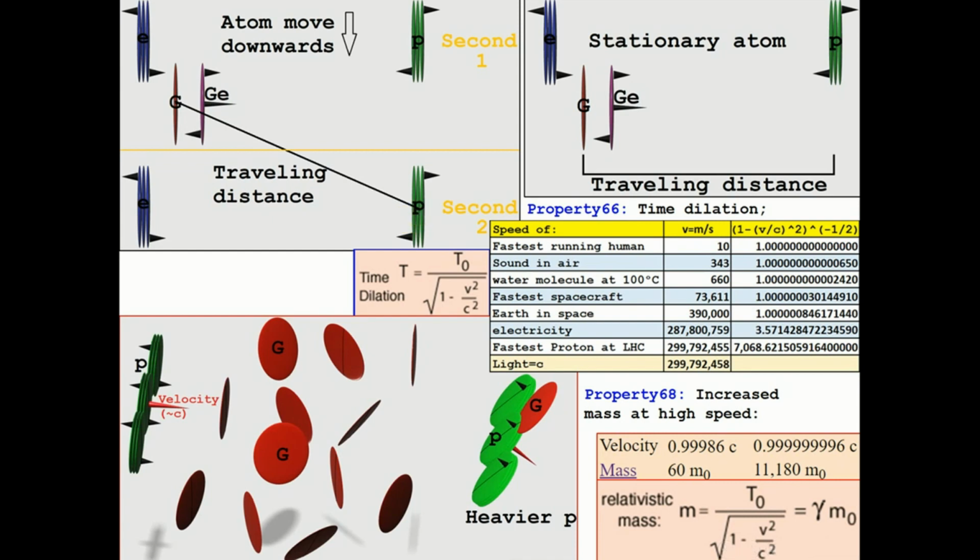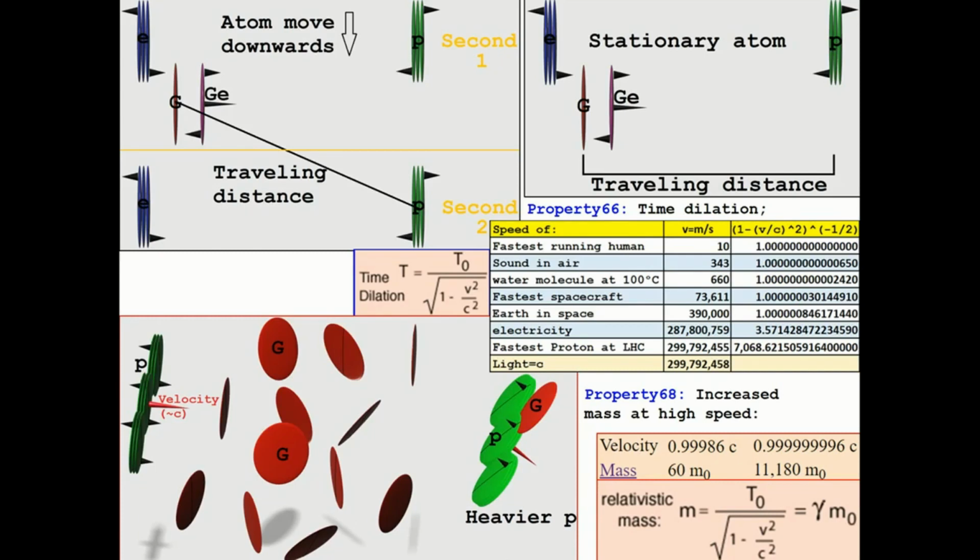In other words, when the atom moves very fast, the time interval between two GE particles reaching the proton will increase. And therefore, if an astronaut moves very fast, they will age slower. We call this process time dilation.